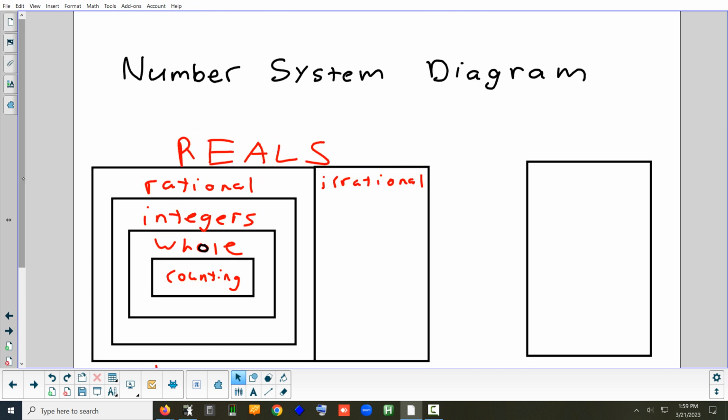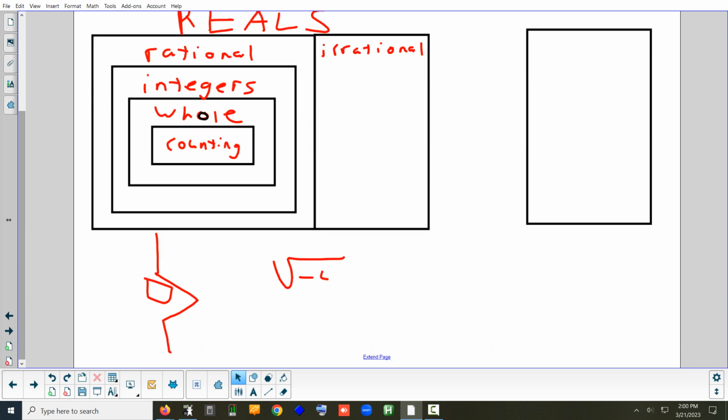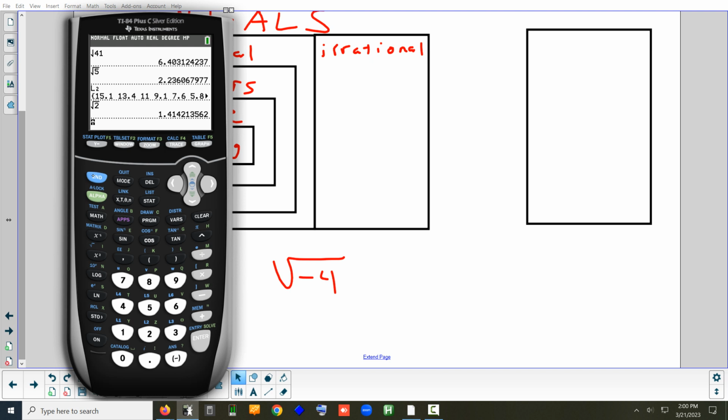Well, just like somebody in first grade wouldn't understand that, because you can't take away more than you have. We know you can. Well, if I gave that to someone in Algebra 1 and said, what's the square root of -4? They may try to type it in on the calculator, and it says error.